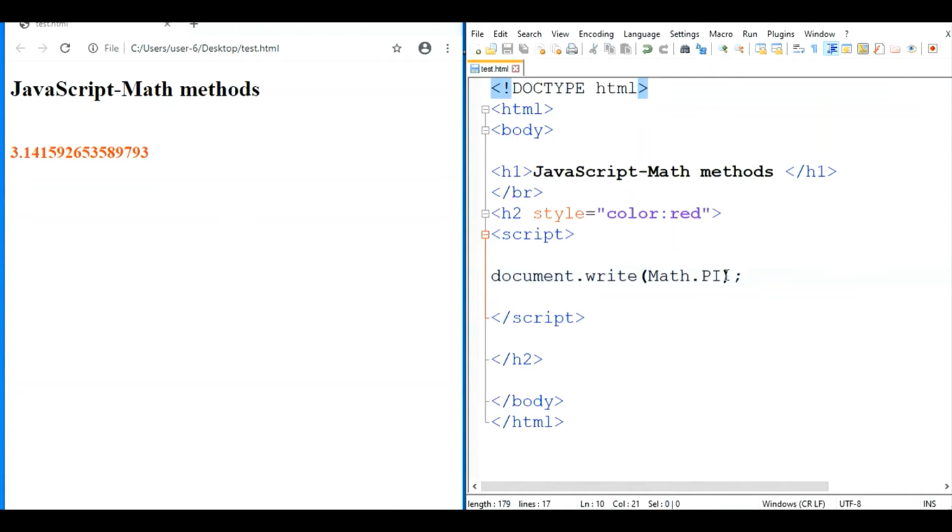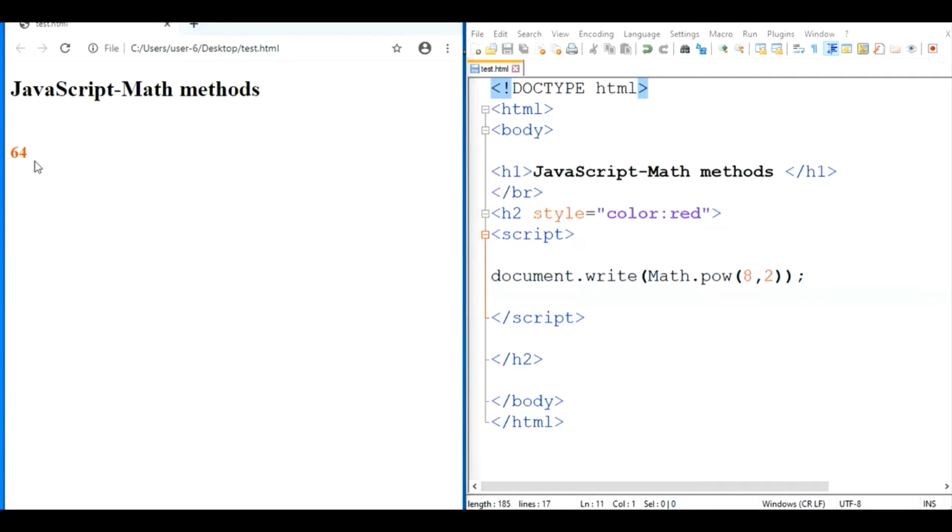I want to use Math.pow(8, 2). One more parenthesis is required. Now save this and execute it. Now the value is 64.